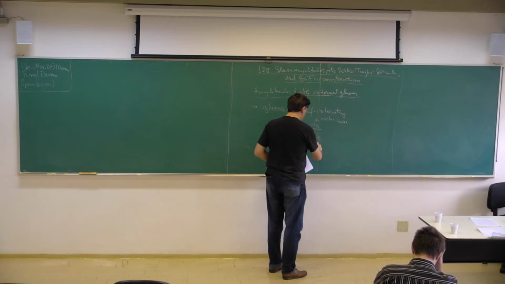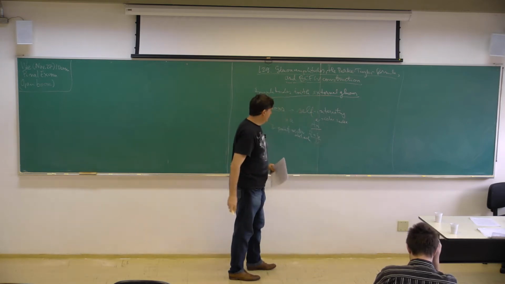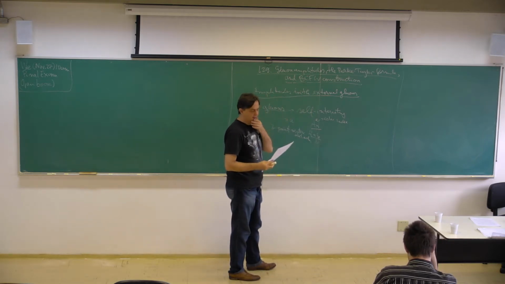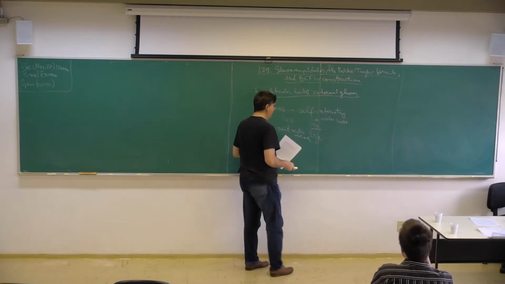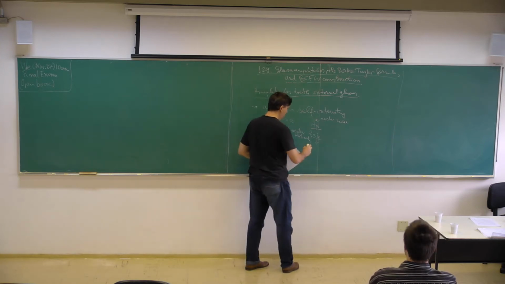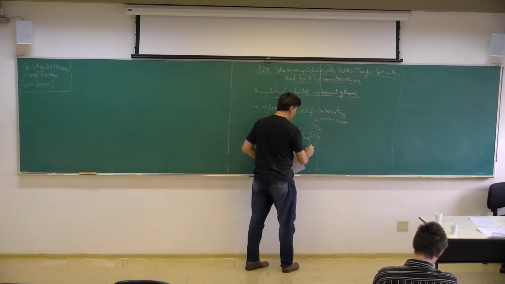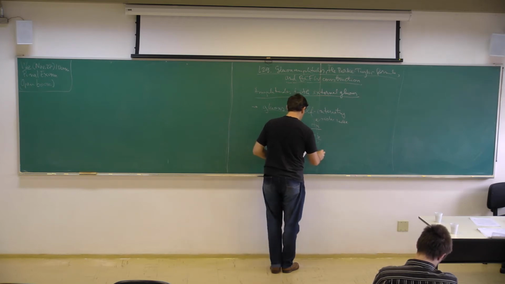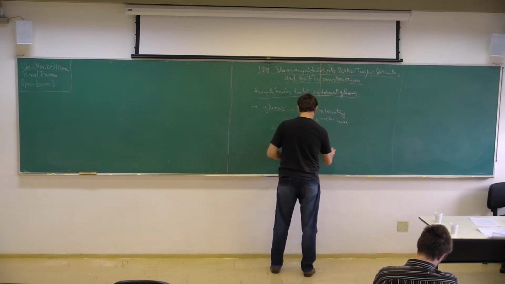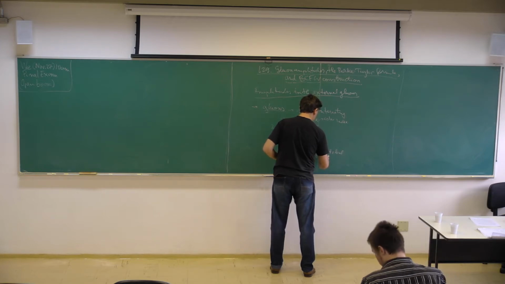And this F^{ABC} that appears in the 3-point vertex is the structure constant of some local symmetry group.